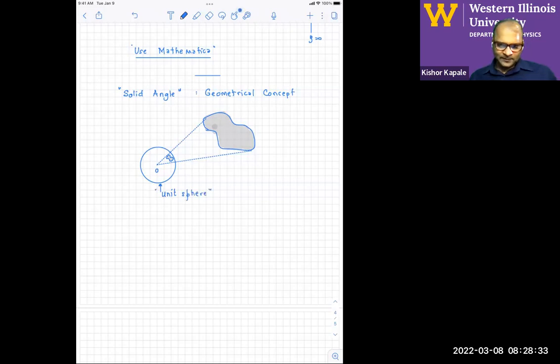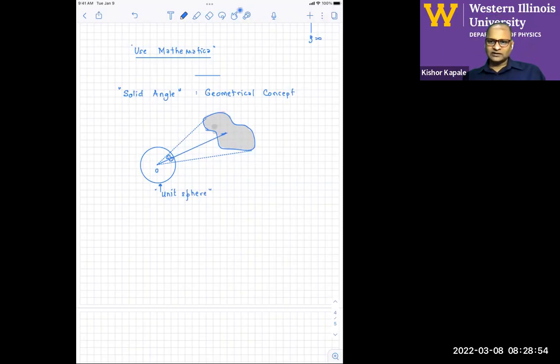So let's take a look at the position of some arbitrary point on that surface. Each point on that surface has a position vector, and all of those position vectors are going to cut through this unit sphere.